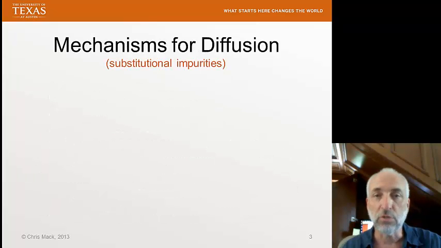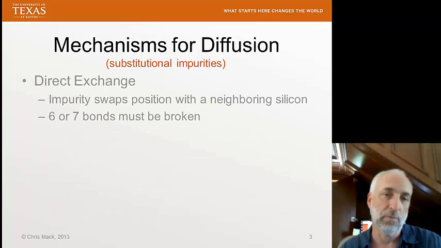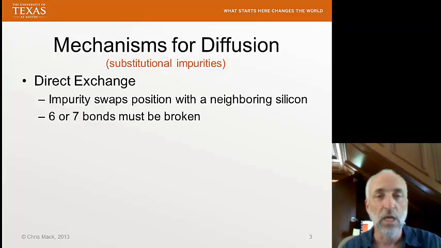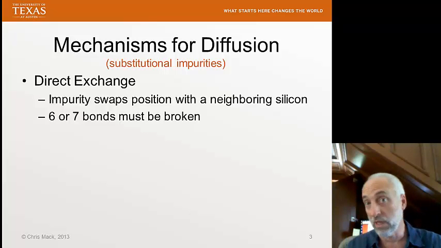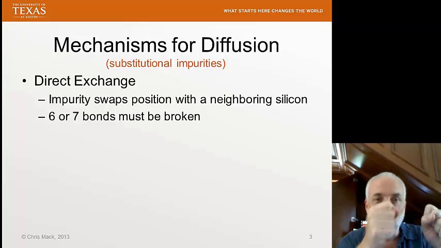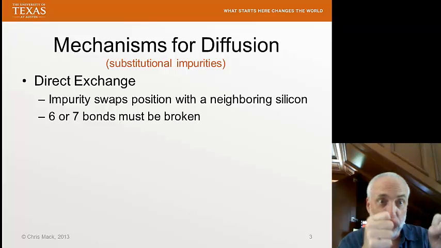These substitutional impurities can have, in and of themselves, several different mechanisms for moving. The simplest, the one we would probably think of first, is a direct exchange. So I've got a silicon atom here, I've got a dopant atom here, and they're both built into the lattice structure, and they simply swap places.